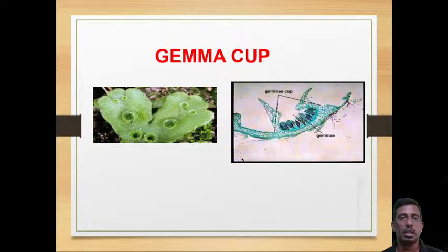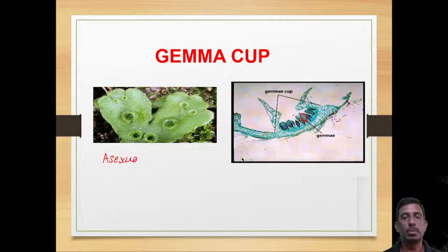Okay. सभी ये पिक्चर में देख रहे हैं कि ये जेम्मे कप है, पूरा जेम्मे कप. So inside the gemma cup there are gemmae. So this is the method of asexual reproduction.